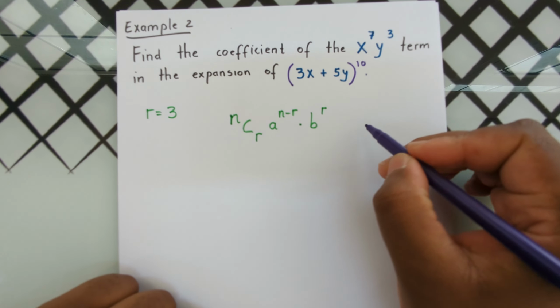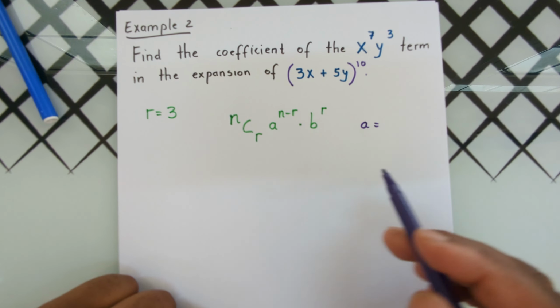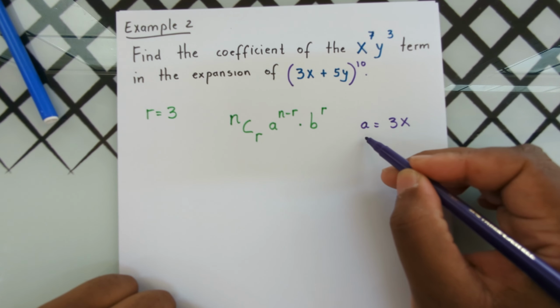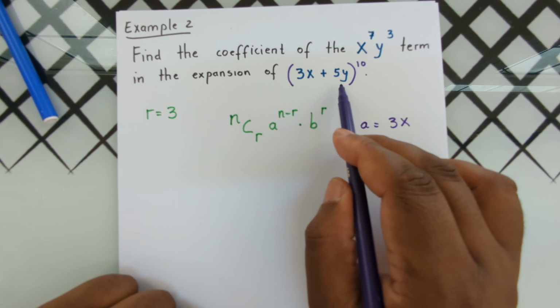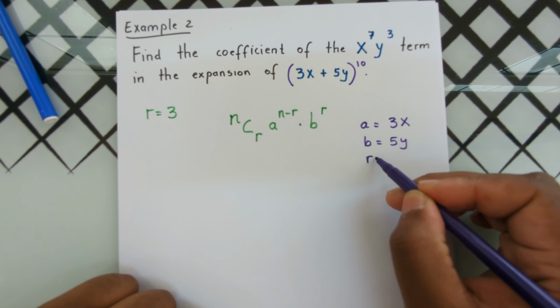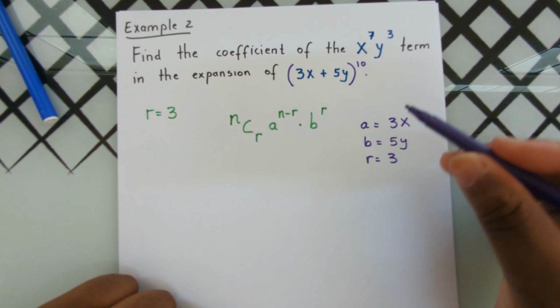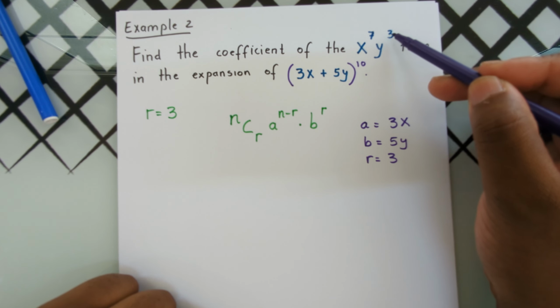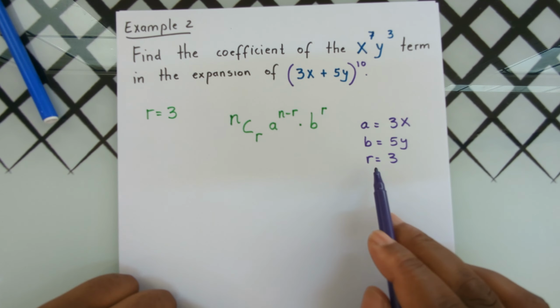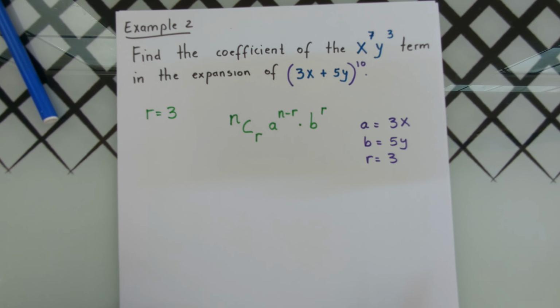In this case, our a is 3x and our b is 5y, and my r, like I said, will be the exponent of the term on the right side, which is our y. So the exponent of this variable here, y, is 3. This should be our value for r.